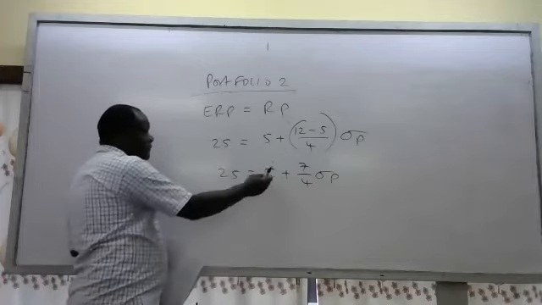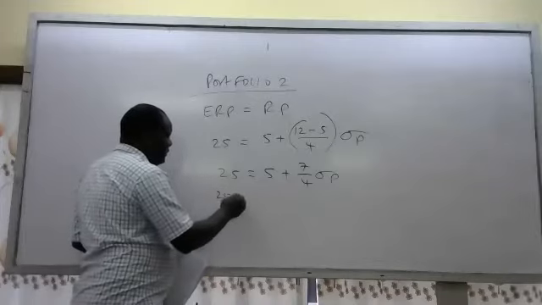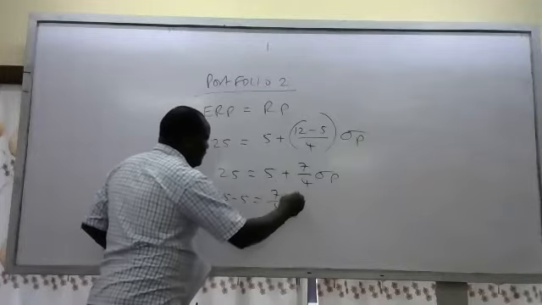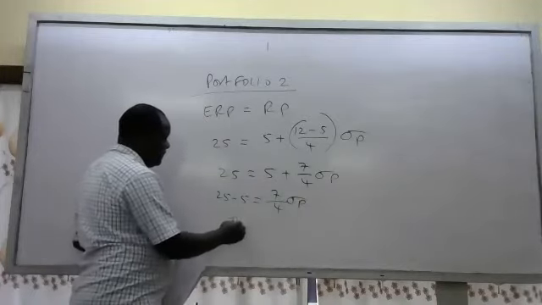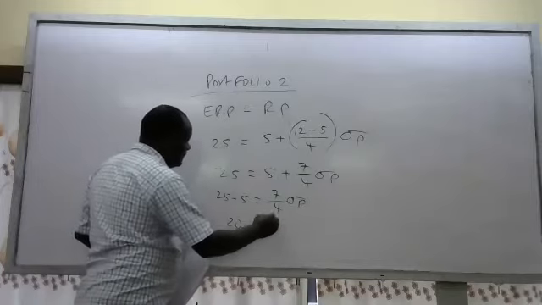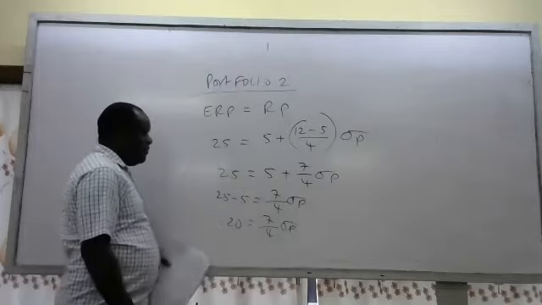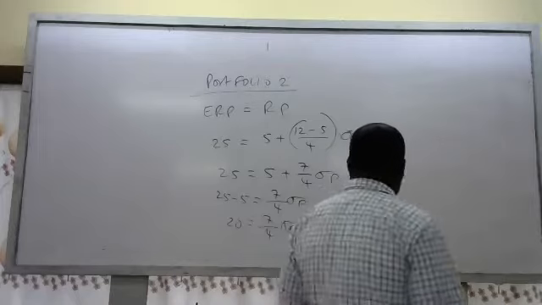So this one we have to cross: 25 minus 5 will be equal to 7 over 4, so this one should be 20 over 4. So we make the standard deviation of the portfolio the subject.